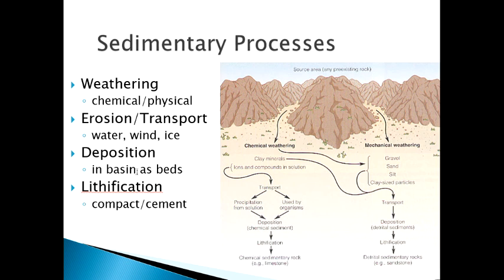Deposition simply means the place where the clasts are all stopped, or the free ions are stopped. And we say that this is done in a basin. And the ultimate basins on planet Earth are the ocean basins. Think about it. The Mississippi River flows till it reaches the Gulf of Mexico in the Atlantic Ocean.